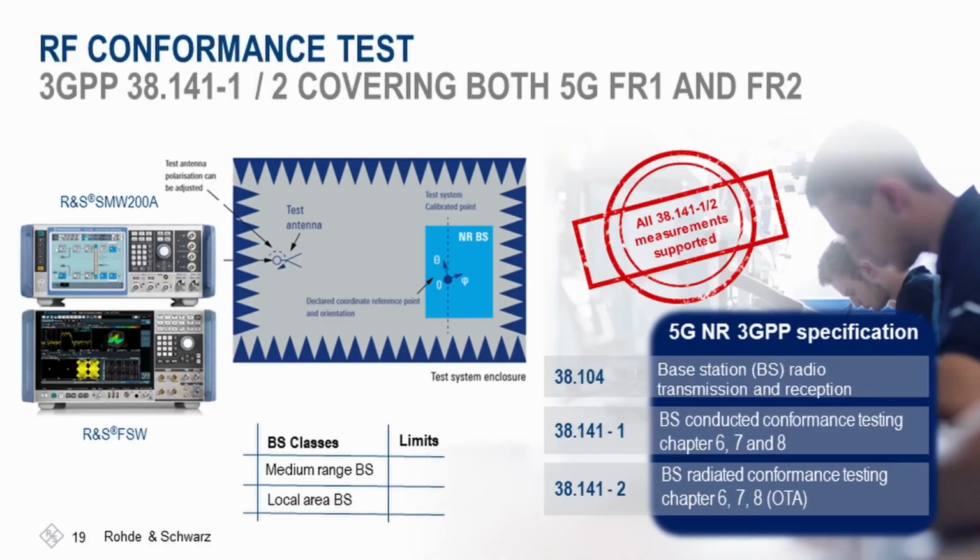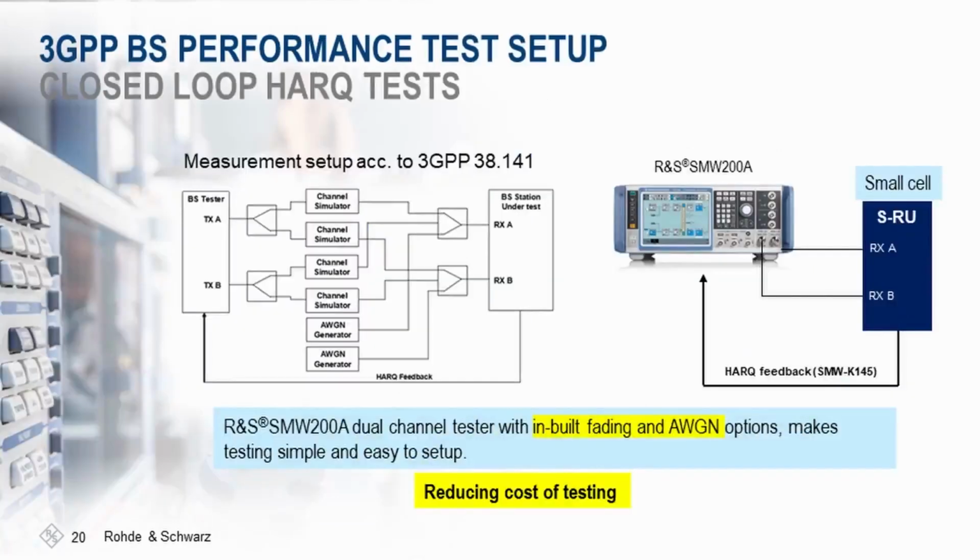When it comes to the test coverage, we cover all the test cases from 38.141-1 and -2, chapters 6, 7 and 8, which correspond to the transmitter, receiver and performance testing. With this, let's move on to the challenging part within the conformance testing. Here we have under chapter 8 the small cell performance test setup.